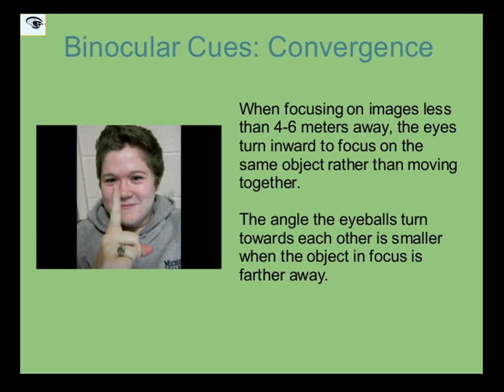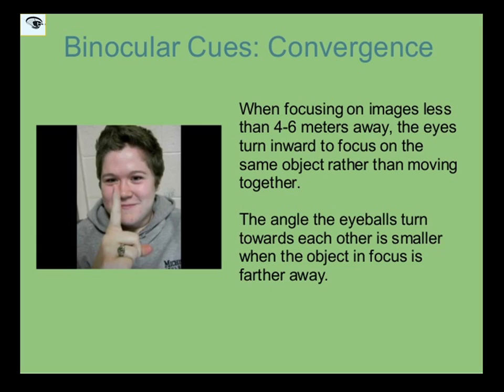As the finger comes closer and closer to the eyes, the eyes turn inwards, and as the finger starts moving away from the eyes, the convergence of the eyes starts decreasing. So this was all about convergence.